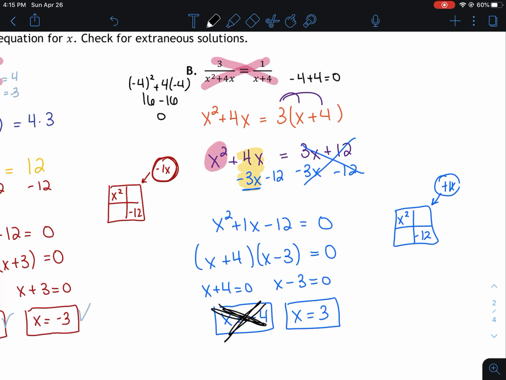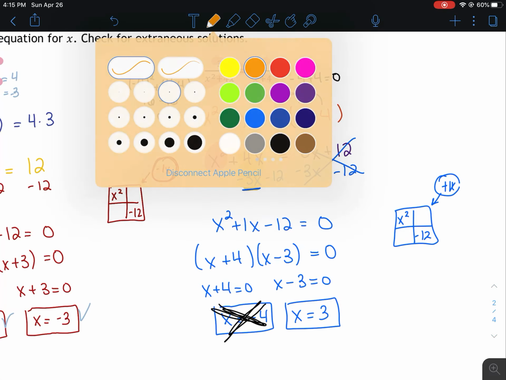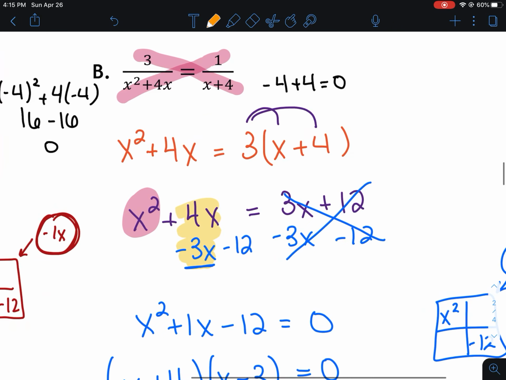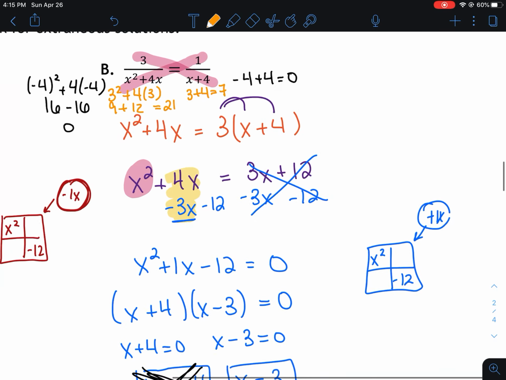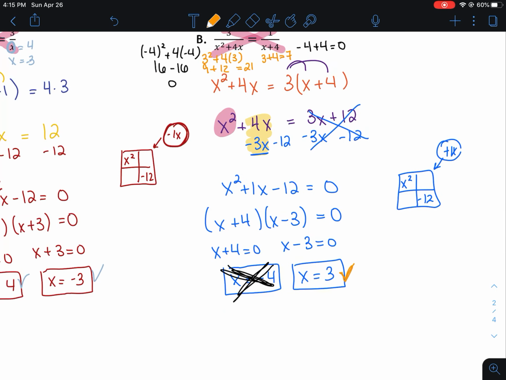So I am just going to cross that off. That answer cannot be possible. All right, if I try 3 squared plus 4 times 3 gives me 21, or 3 plus 4 gives me 7. That's fine. So 3 is my only answer that works there.